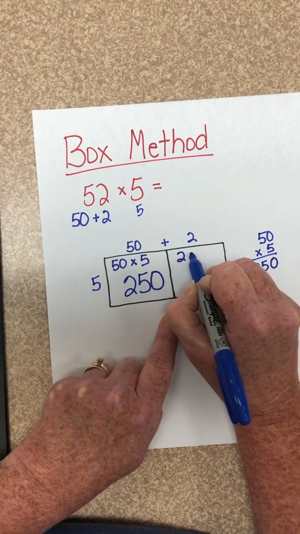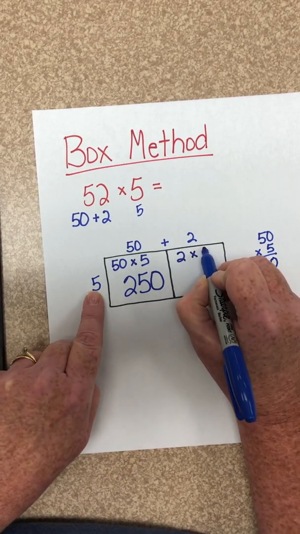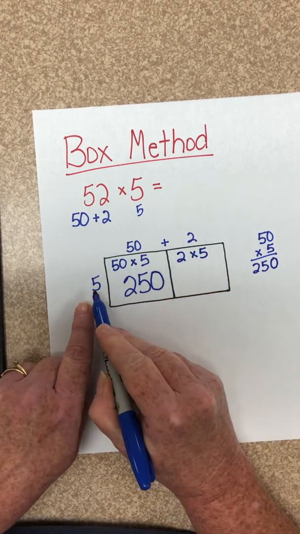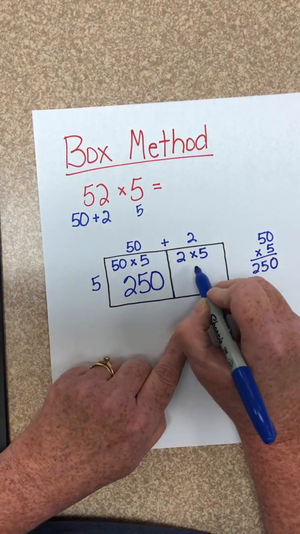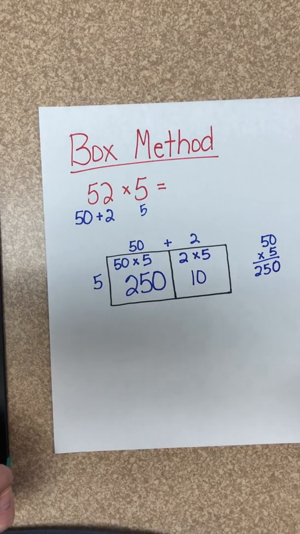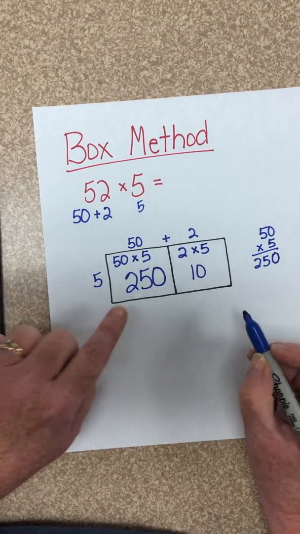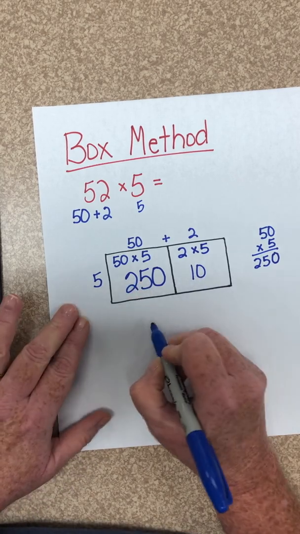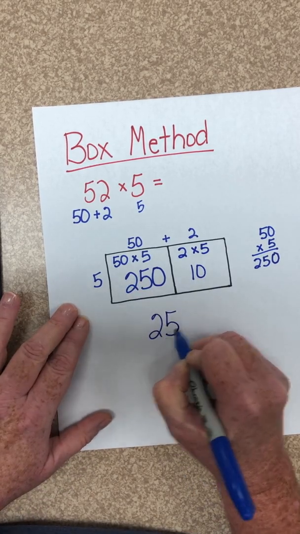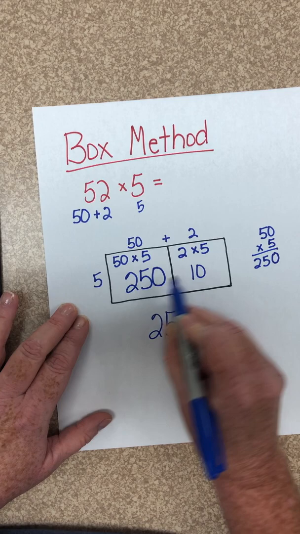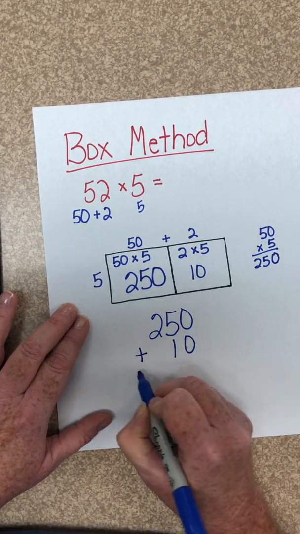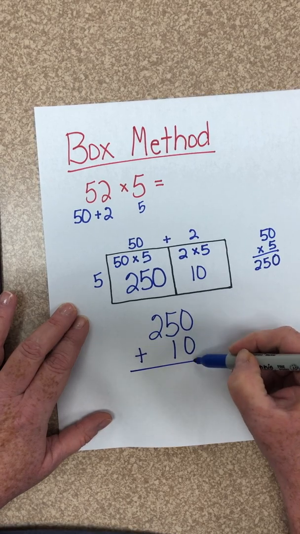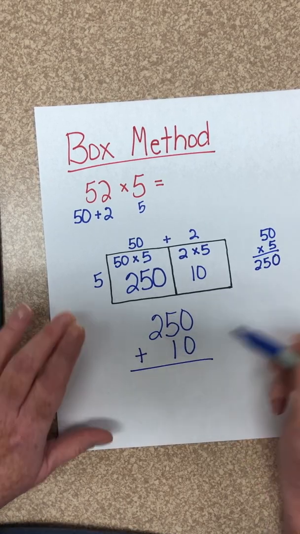I'm going to write 2 times 5. So it's the top number times the side number. 2 times 5 is 10. So now what we're going to do is take these two numbers and add them together. So below, I'm going to write 250 plus 10, making sure I line up my ones place and my tens place.